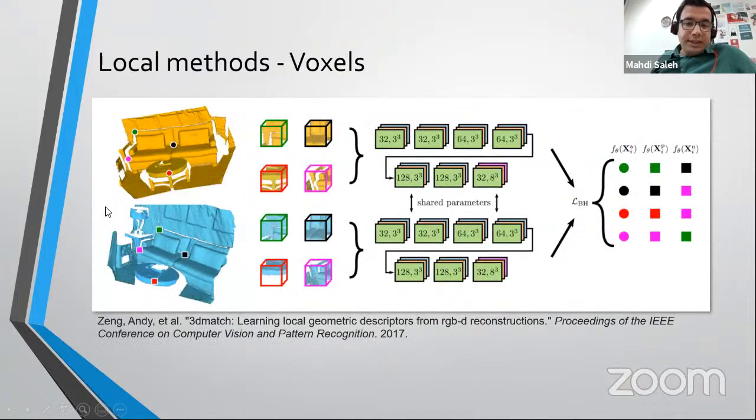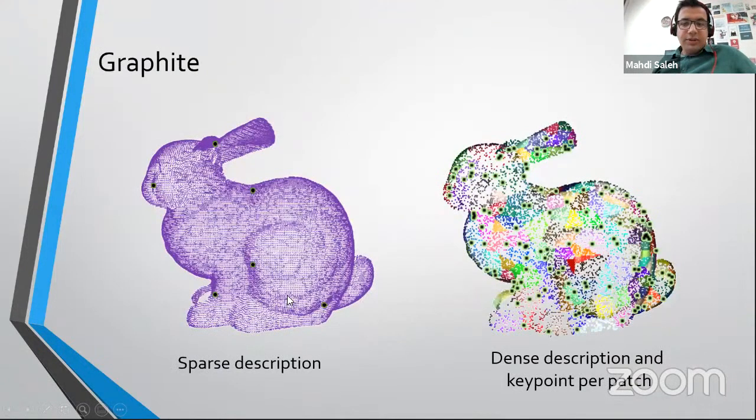You can also, as mentioned, use voxels to describe a local neighborhood and have a descriptor and then match them to register. And here we thought we can use graph-based descriptors to represent more structure in local neighborhoods, where these previous methods fail to bring enough power.